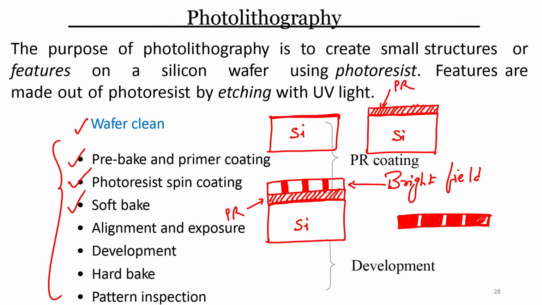So, this is my dark field mask: field is dark, pattern is bright. In bright field mask, field is bright, pattern is dark. Easy, right.